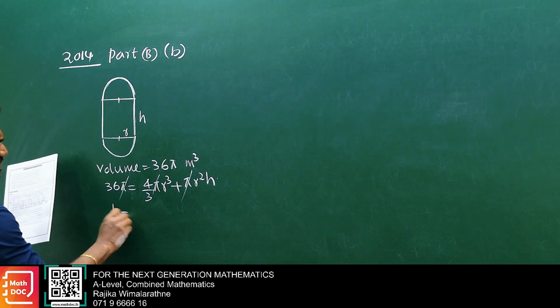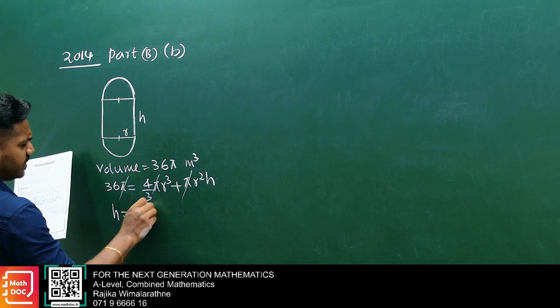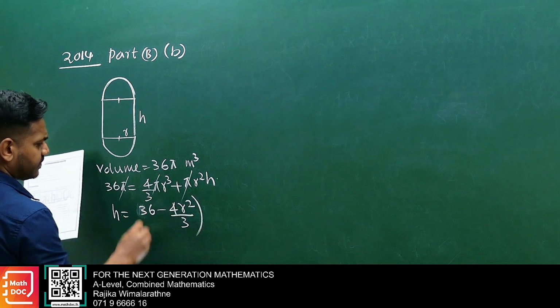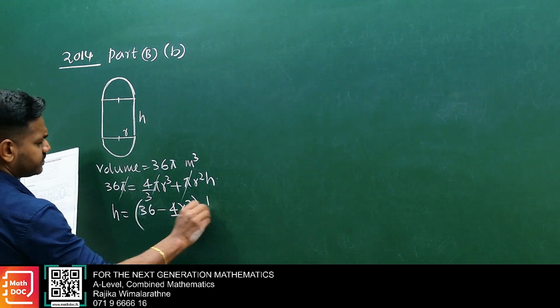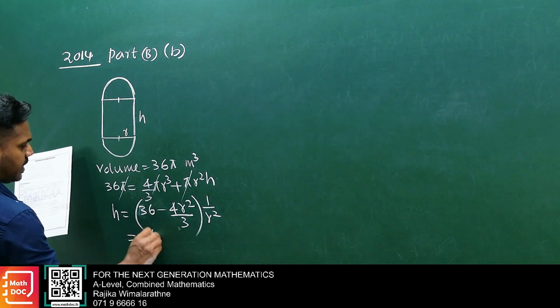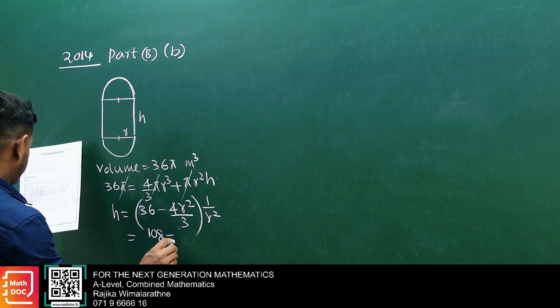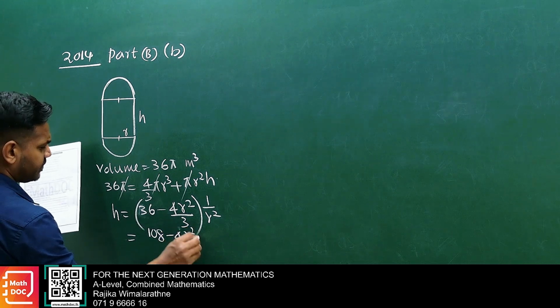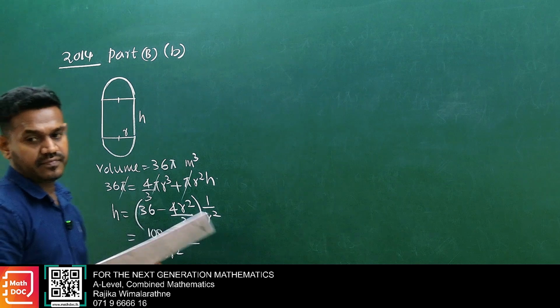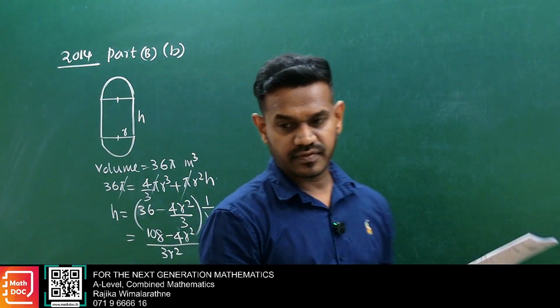Then obtain h: h equals (36 minus 4r squared over 3) divided by r squared, which gives (108 minus 4r squared) divided by 3r squared.